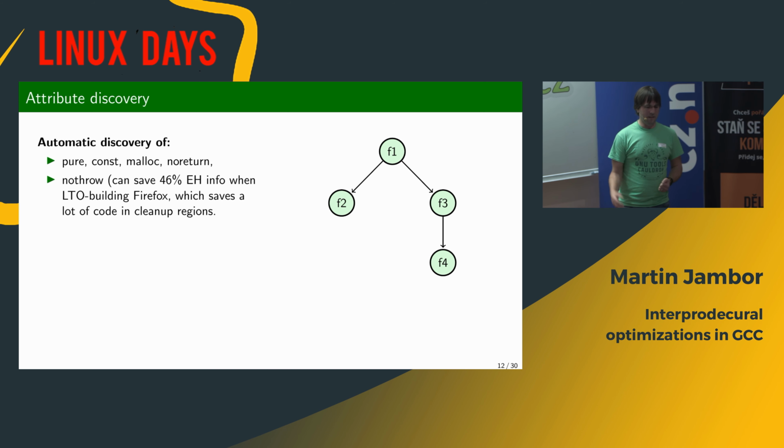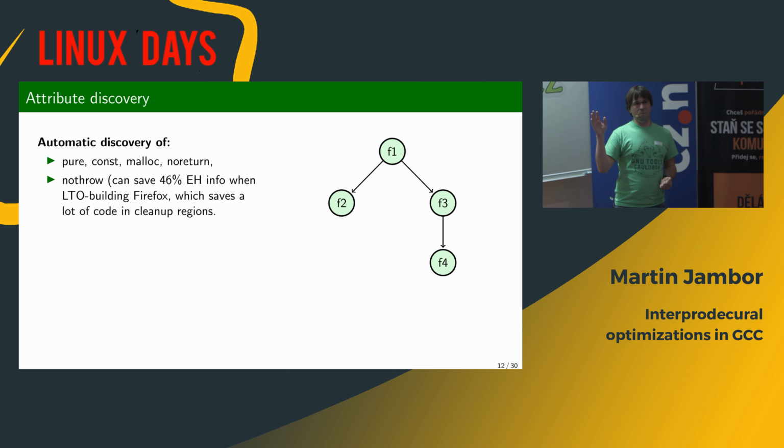So let's say that function f4 is a pure function, and that f3 would also be, but it also calls f4, which means that it is a pure function only if f4 is pure. But because we know f4 is pure, we can also mark f3 as pure.